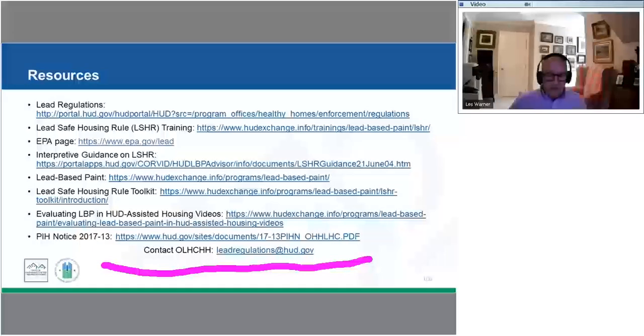That might be something to keep in mind if after this you have a question that you're not finding an answer to in the guidance materials we have pointed to, that you also have a way to reach out to HUD's Office of Lead Hazard Control and Healthy Homes to get further information.